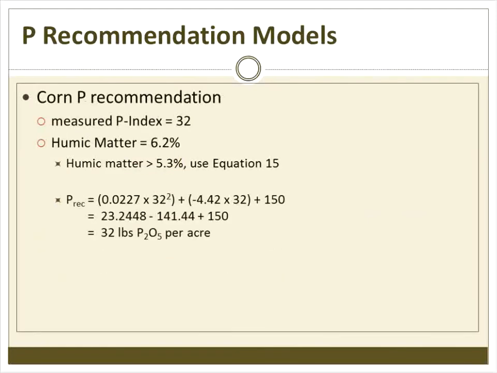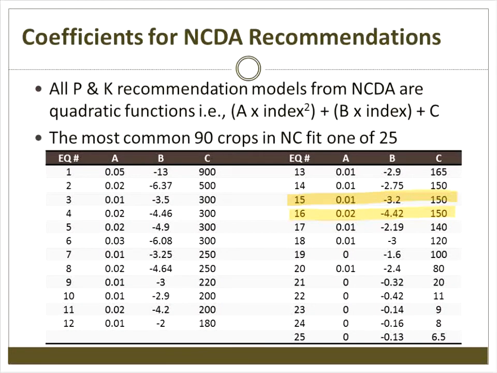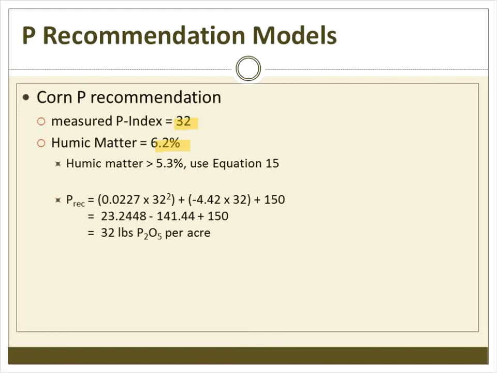All right, so here's our example. We're making a corn phosphorus recommendation. We have a P-index of 32 and a humic matter of 6.2. Humic matter of 6.2 means that we're going to use equation 15. So we go back.